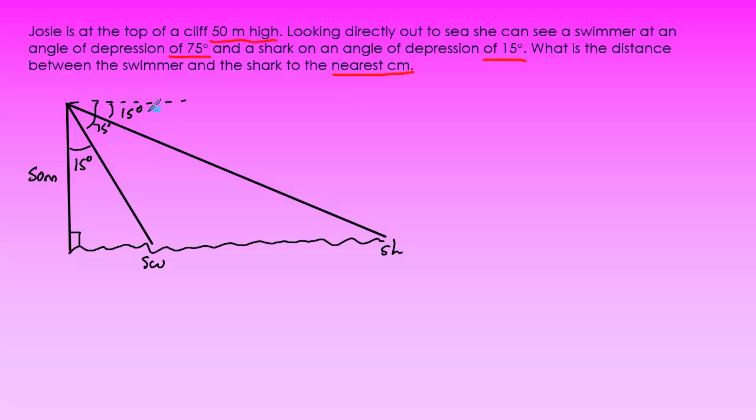And we could mark this angle, but let's use what we know about parallel lines and say the angle here is 15 degrees, and of course that means that this one here is 75 degrees, and this is Josie up here. Let's call this point X or something.